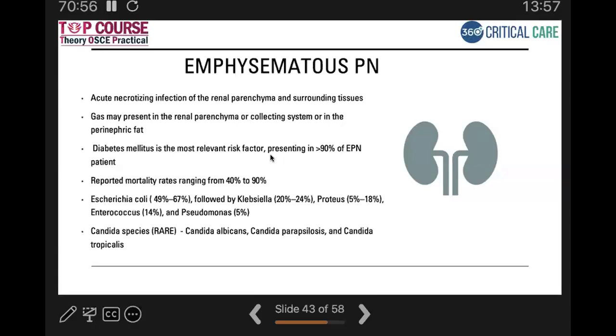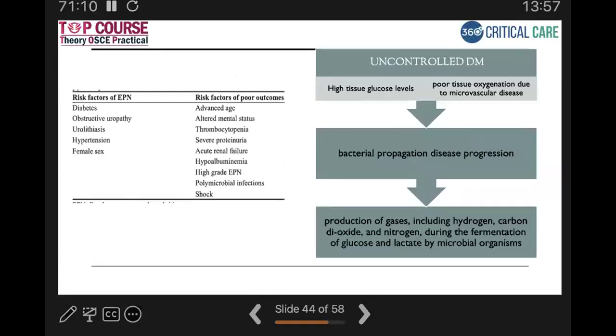Okay. When you see the organisms, the common ones are E. coli, Klebsiella, Proteus, Pseudomonas, which are the common gram-negative organisms, gram-positive Enterococcus, and rarely Candida can also be seen in an immunosuppressed state. Okay. What are the risk factors? The most common risk factor is diabetes; obstructive uropathy, urolithiasis, female sex are some of the moderate risk factors.